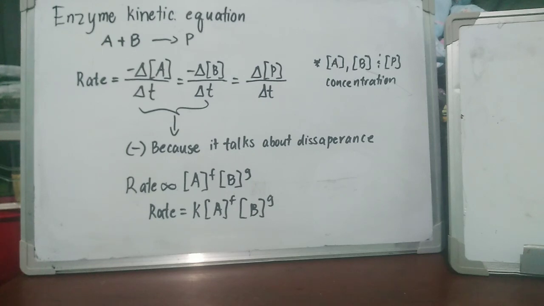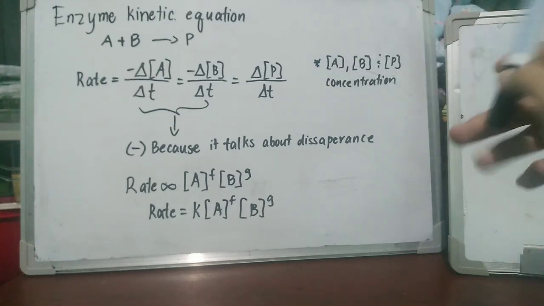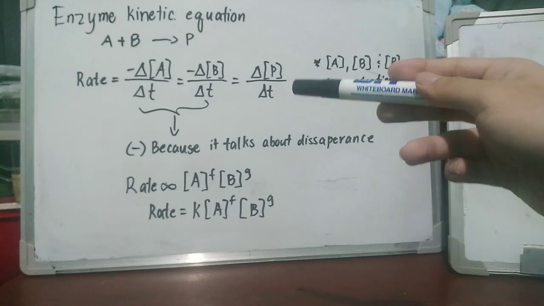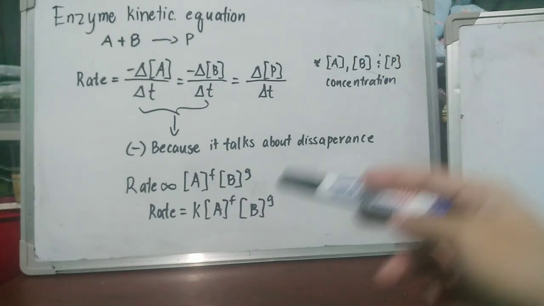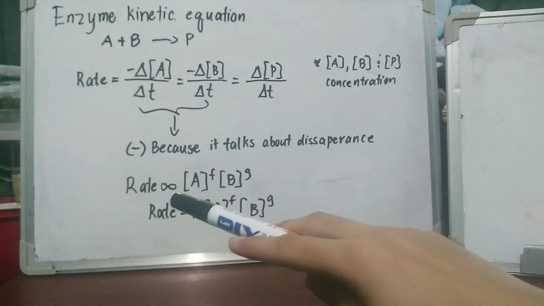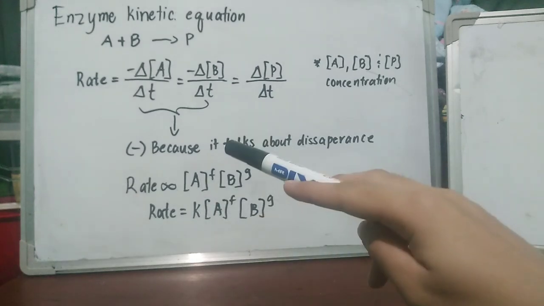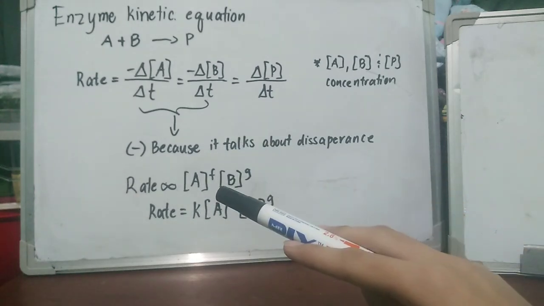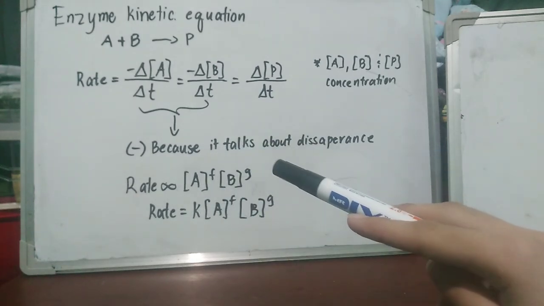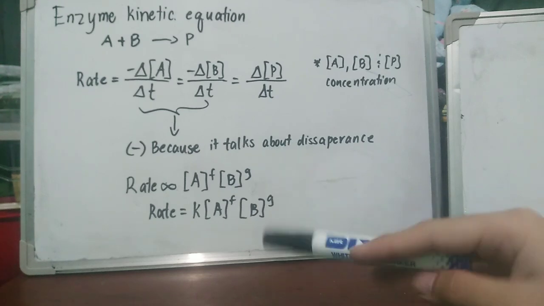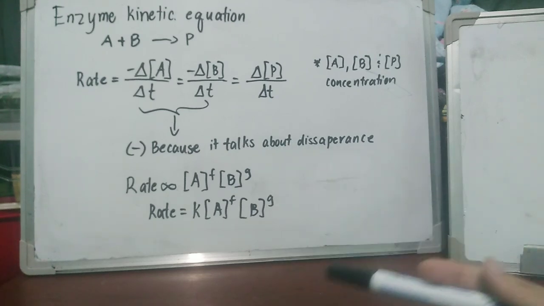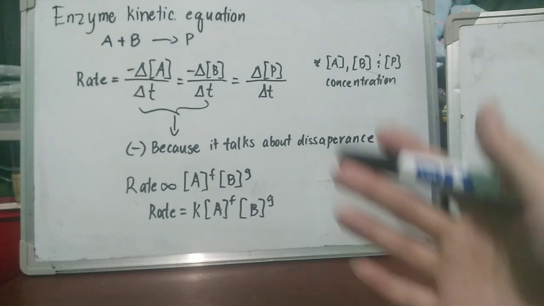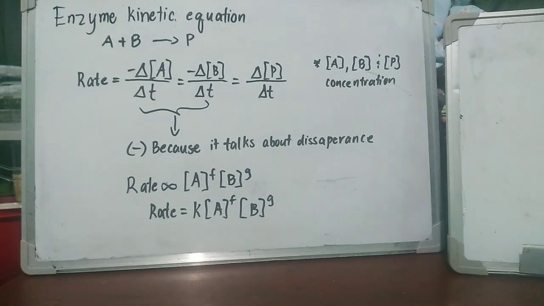So, ganun yun siya. So, with that being said, this equation can actually be written as the rate is proportional to concentration A raised to the power of F, concentration B raised to the power of G. Kasi sabi dito that raised to the appropriate power. So, where F and G are the exponents, and F and G can be determined experimentally.